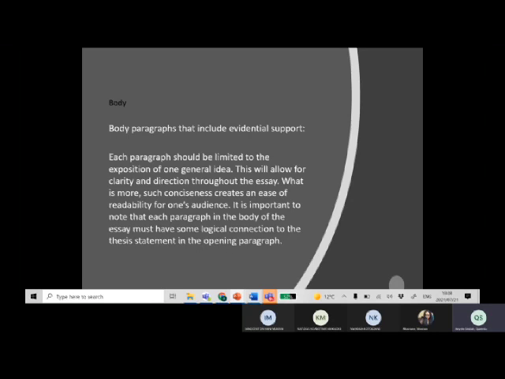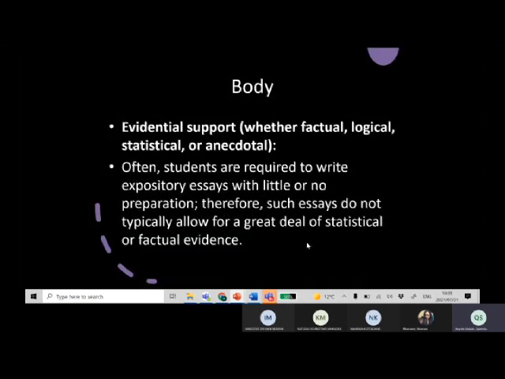What is more, such conciseness creates an ease of readability for one's audience. So it is important that you have concise and logical paragraphs that are connected to each other and still connected to the thesis statement in the opening paragraph. So what this essay set out to do.